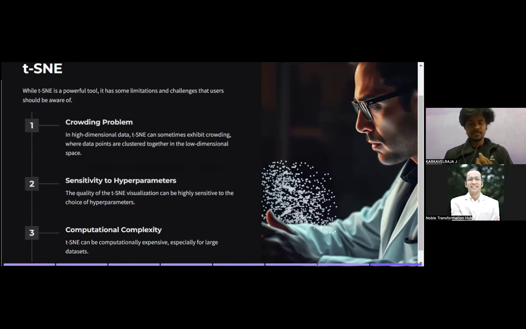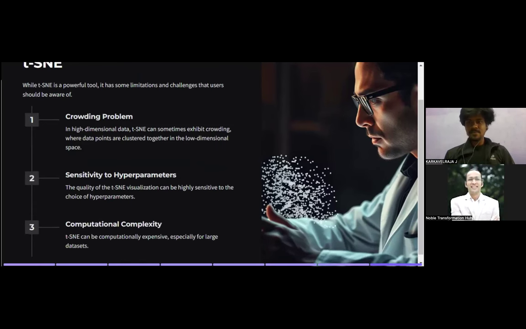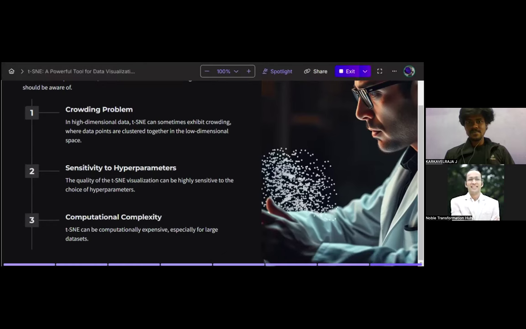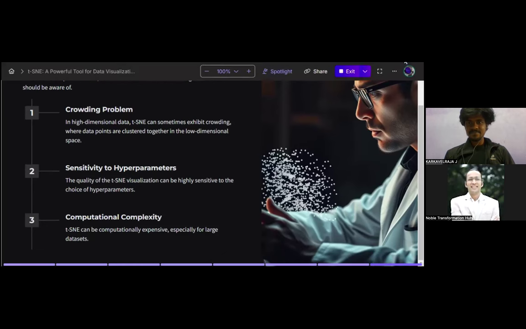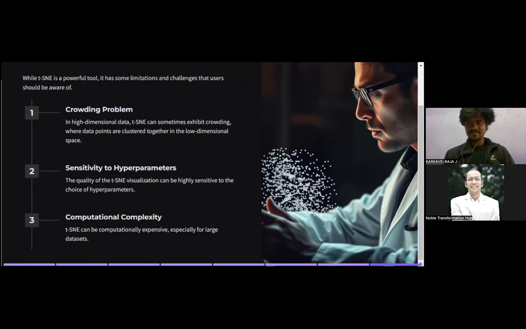Then computational complexity, because it works with non-linear data, while PCA works with linear data. There are a lot of dimensions in the data, so the data might be complex. t-SNE can be computationally expensive, especially for large data sets, because this technique is actually for large and complex, non-linear data.